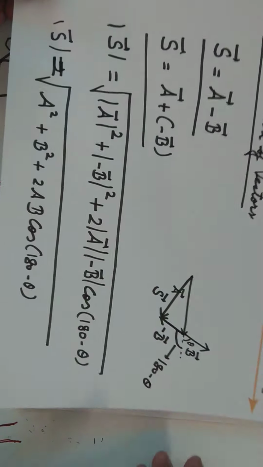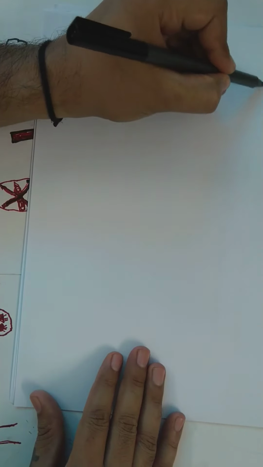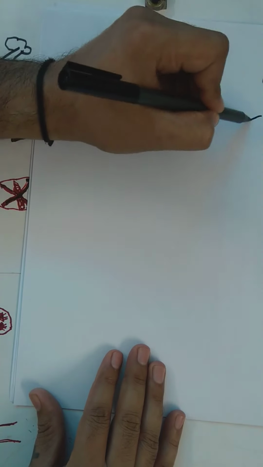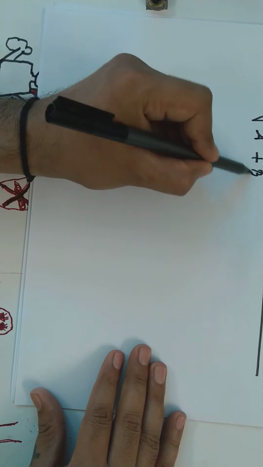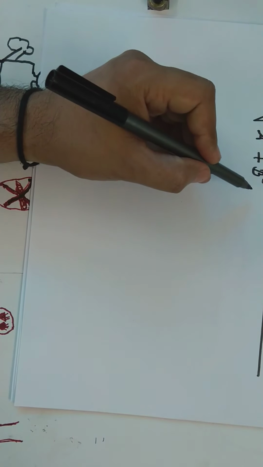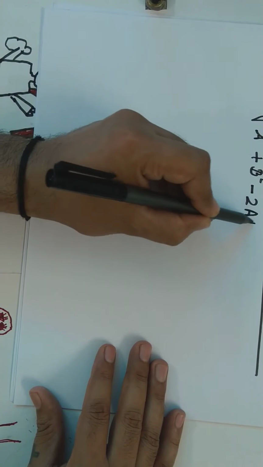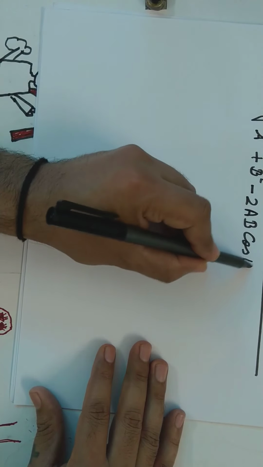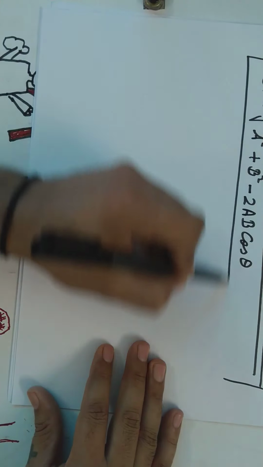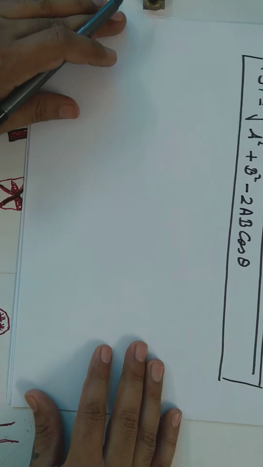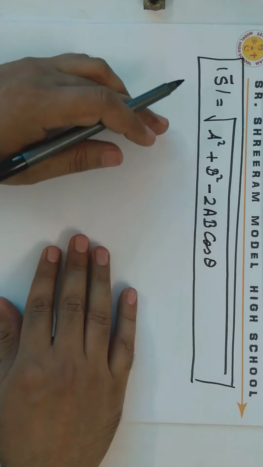Cos 180 minus theta is minus cos theta, so it becomes whole under root A square plus B square minus 2ab cos theta. Okay, this is the result of vector subtraction.